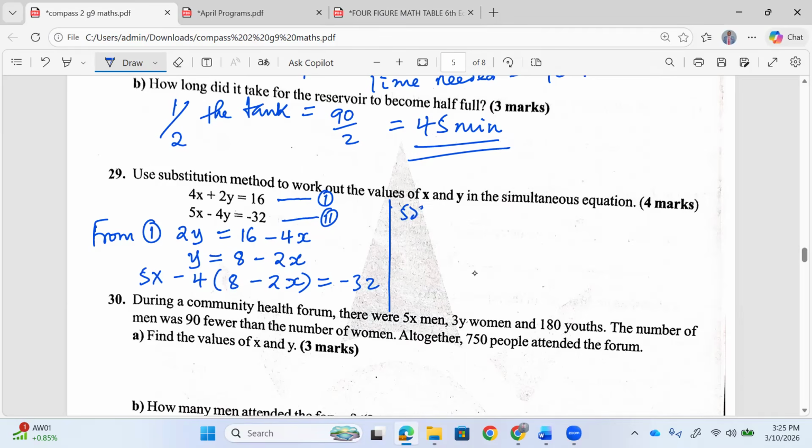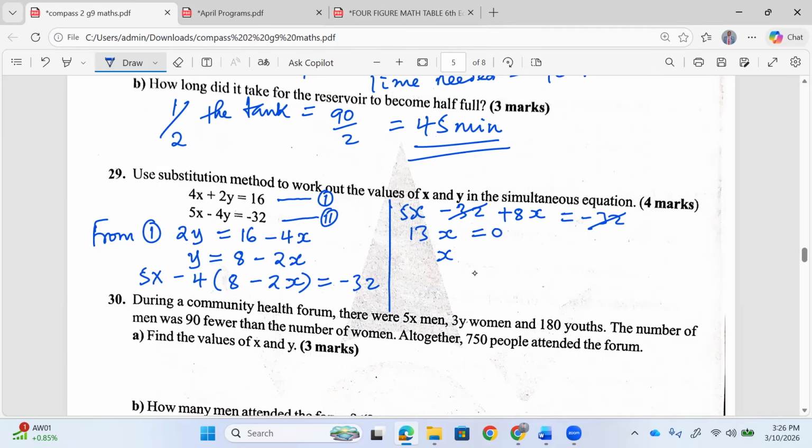This is 5x minus 32, positive 8x equals negative 32. This is going to be 13x, then negative 32 plus 32. That one becomes a 0. Negative 32, negative 32. When you bring them to the same side, they cancel out.